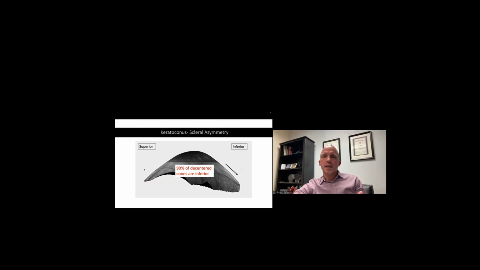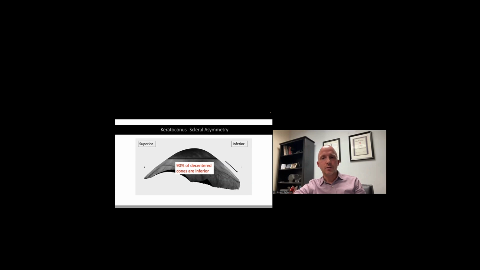And I think then what you might ask is, well, how does this affect the patient clinically when they wear a scleral contact lens? Well, a scleral contact lens wants to travel potentially to an area of less resistance or steepness. So in the case of an inferior cone, if the inferior quadrant of the sclera is relatively steeper, then the lens is going to want to slide down.